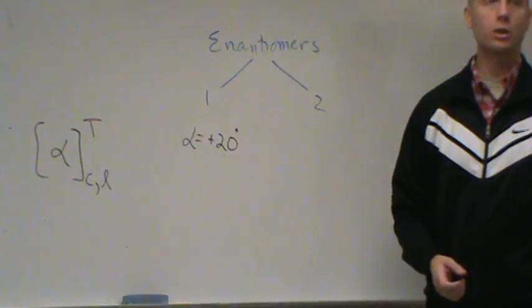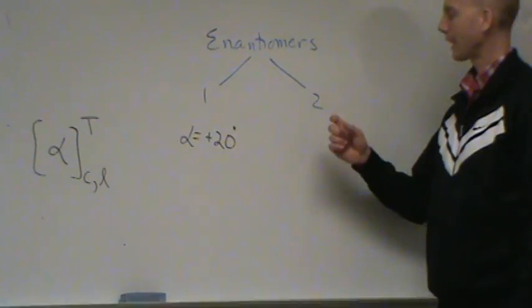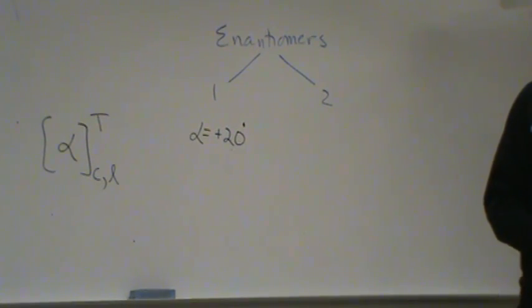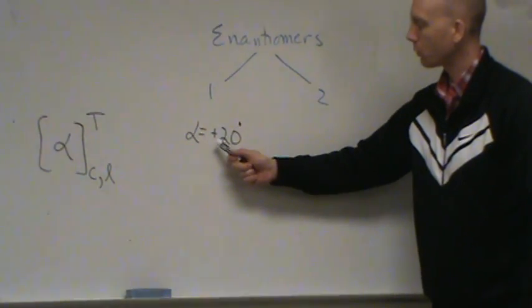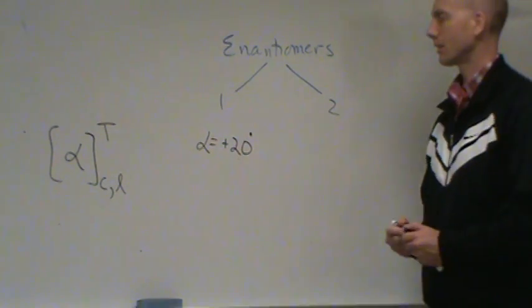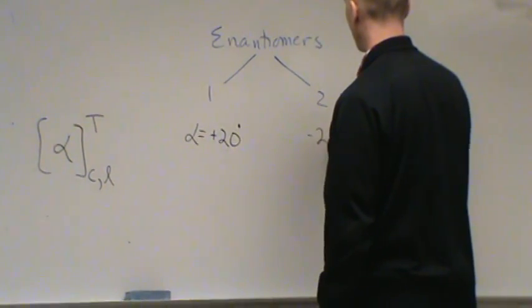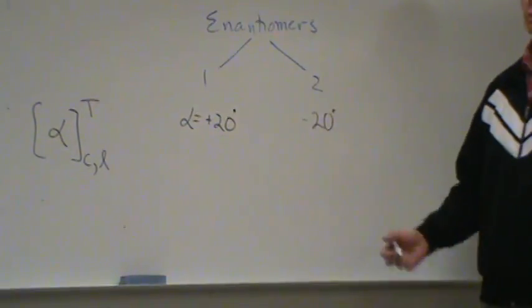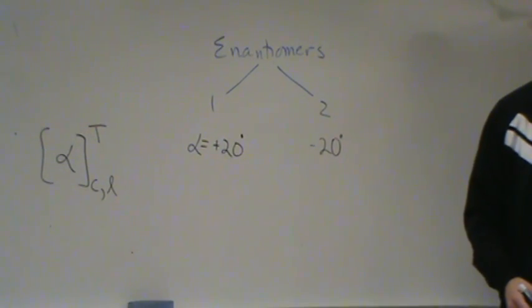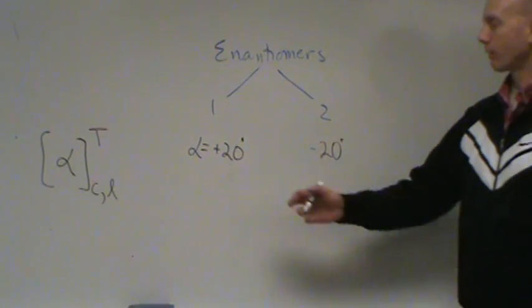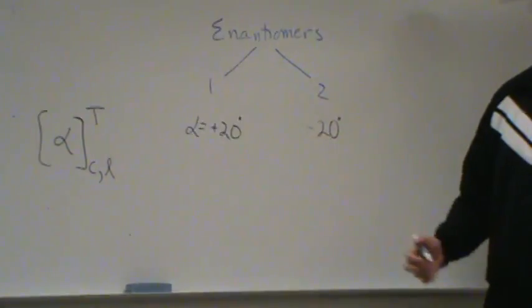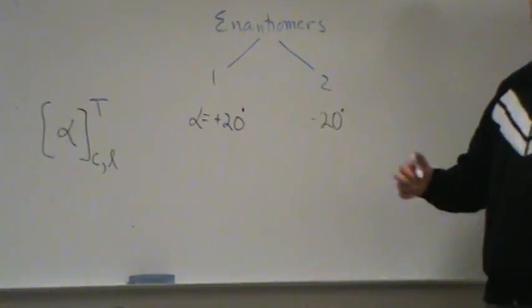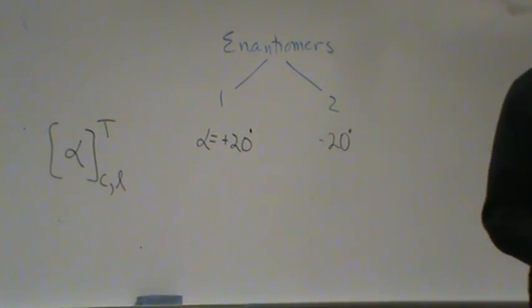But once one enantiomer is known, guess what? Now I can predict the other enantiomer. It'll be what? Equal but opposite sign. So if this is plus 20, that will have to be negative 20. If this was negative 20, that would have been positive 20. If this was negative 5, that would have been positive 5, and so on.